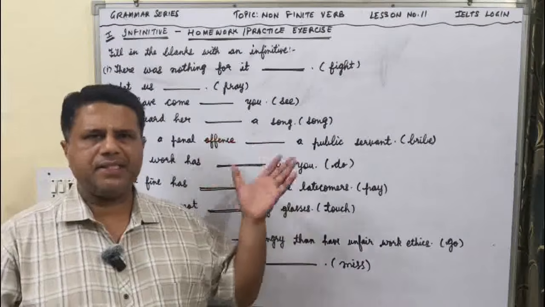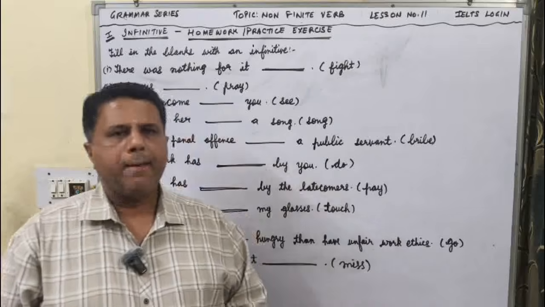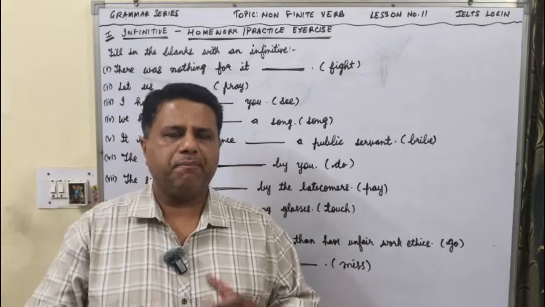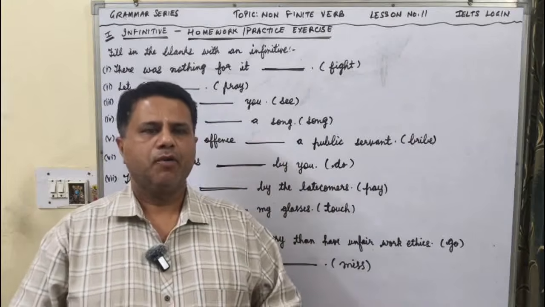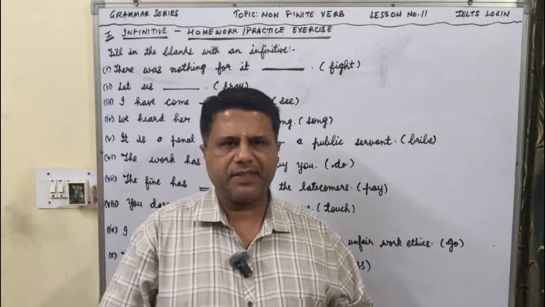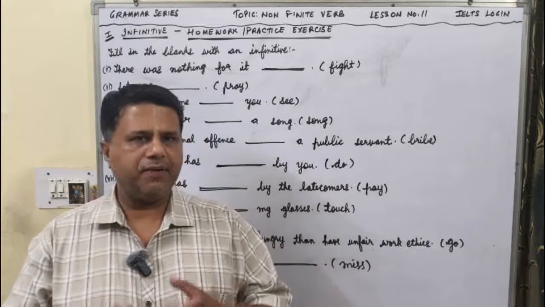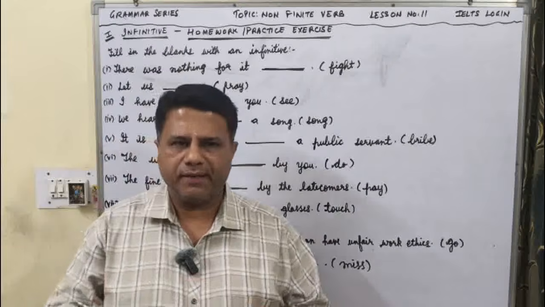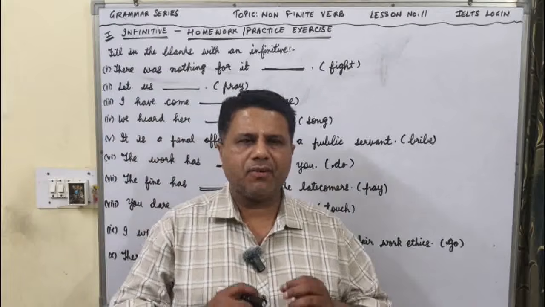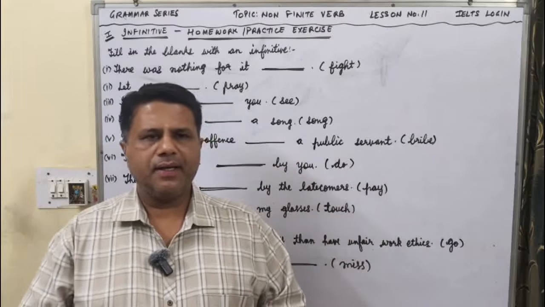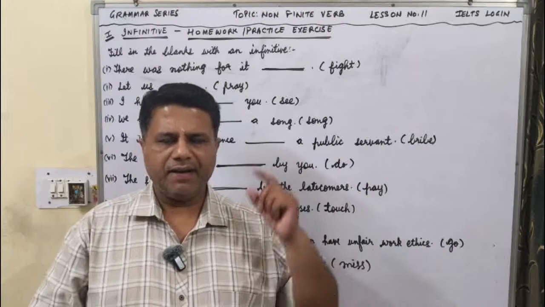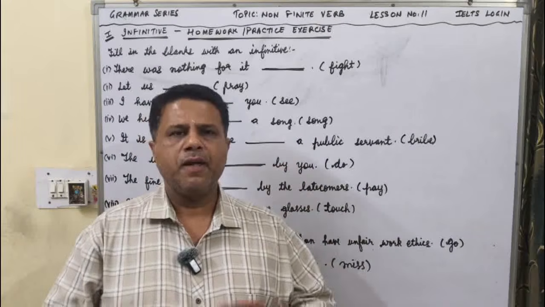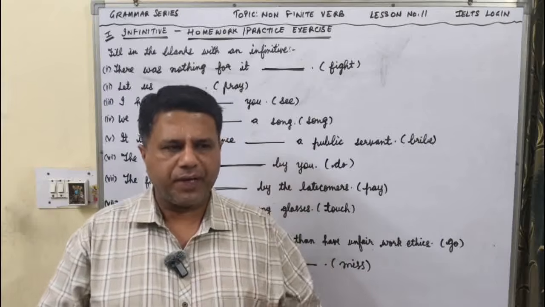Students, when you have this type of exercise, don't fill the blanks blindly. Most of the students, or most of the time, we fill the blanks with to infinitive. But actually there is not only one possibility. There are three possibilities. Whenever this type of question is there, fill in the blanks with an infinitive.